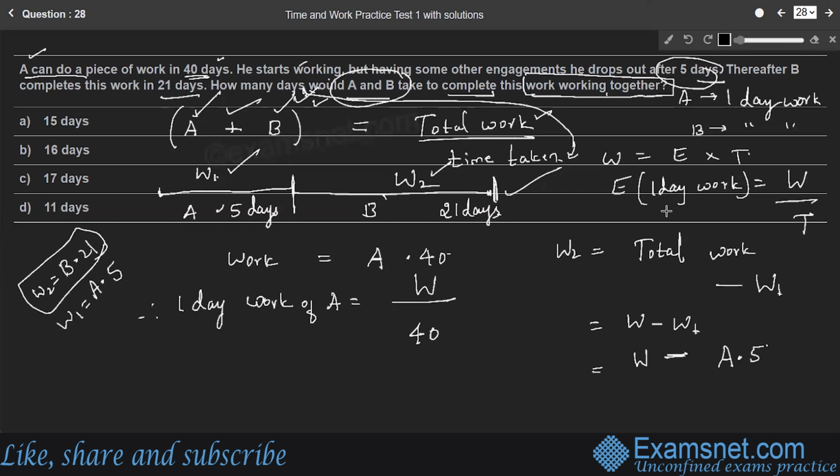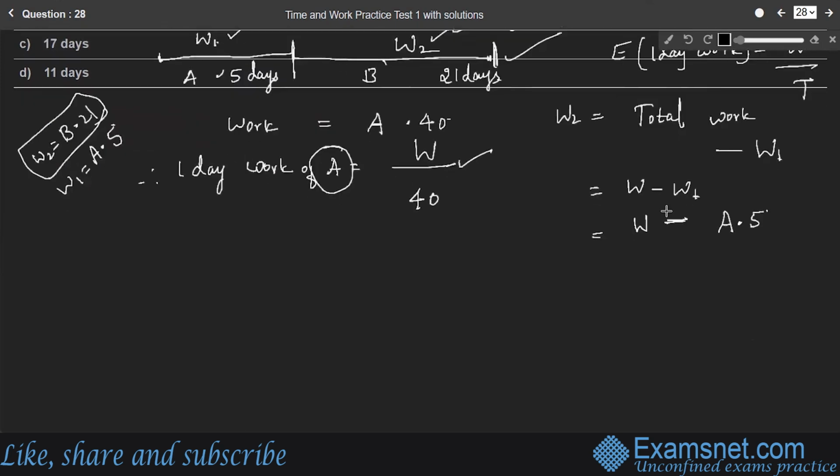What is A? 1 day work of A, which is W by 40. Therefore, W minus W by 40 into 5, which is 5 into 8, so W minus W by 8 is 7W by 8, the remaining work.